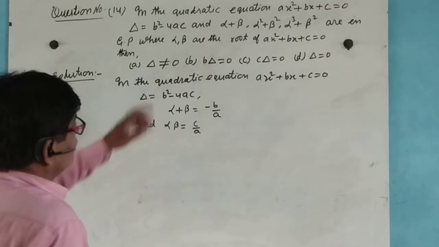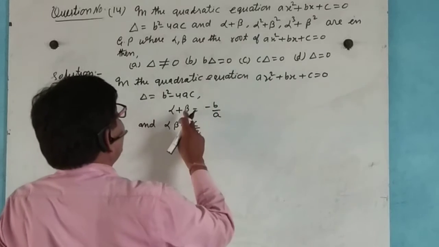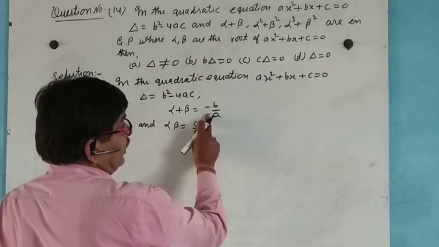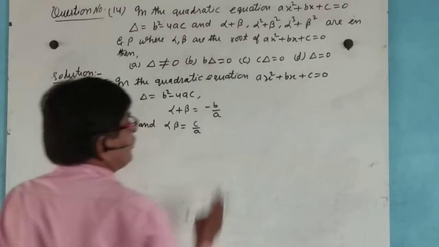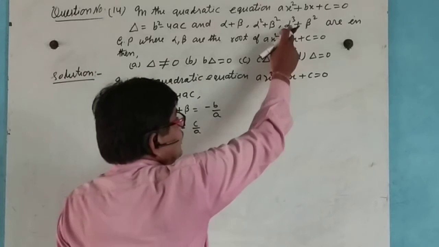Now we have alpha plus beta, alpha square plus beta square and alpha cube plus beta cube.